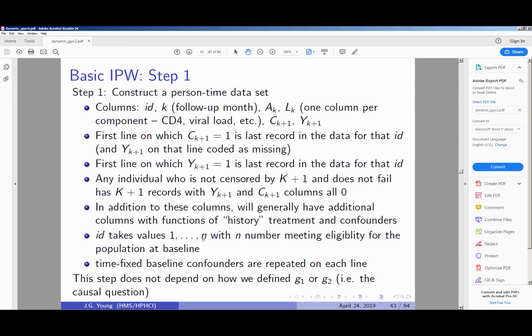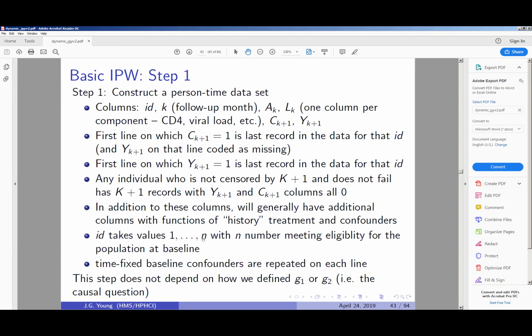So in this person-time data set, we're going to construct it such that the first line on which CK+1 equals 1 for an individual ID, in other words, the first month in which they're censored, is going to be the last record in the data set for that ID. On that line, YK+1 is coded as missing.